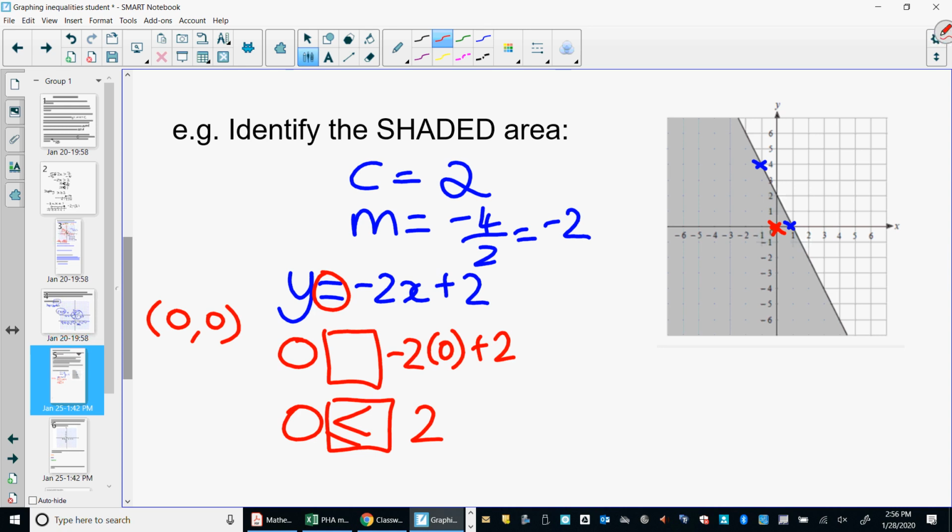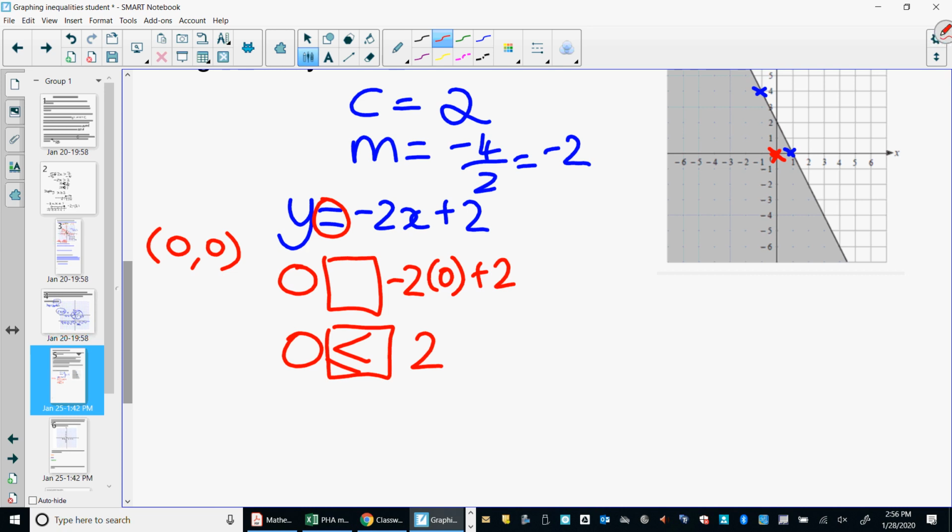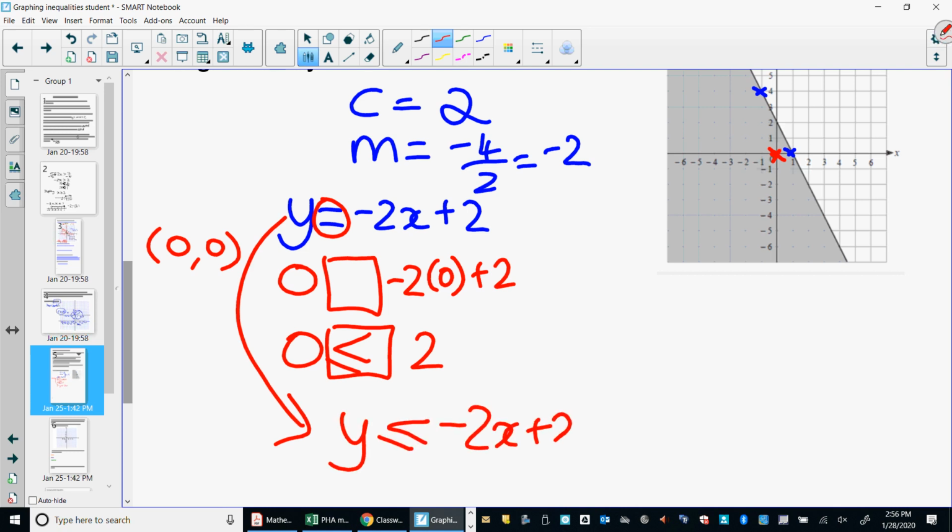I know you'd laugh because 0 obviously isn't equal to 2, but for our equation of the line, we would have the 'or equal to' symbol. Do you all understand that? So now I'm going to go back to here and say that y is less than or equal to negative 2x plus 2. I have shaded the area that they have displayed.